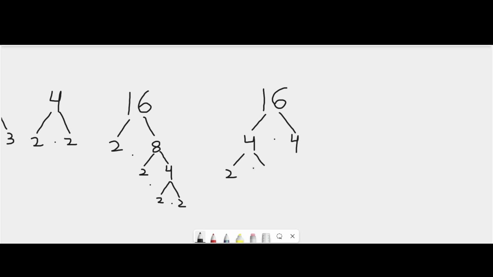We're going to get 2 and 2, and 2 and 2. We got the same answer: 2, 2, 2 and 2. Just this one was more even. And this one over here, we branched off with the 8 to the 2 and the 4, and the 4 to the 2 and the 2. So that was really the only difference.